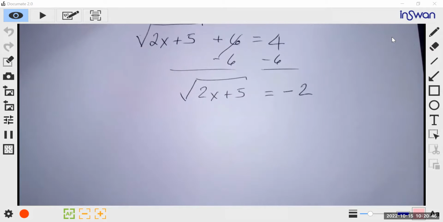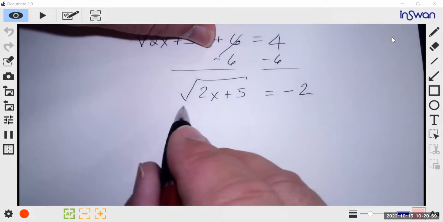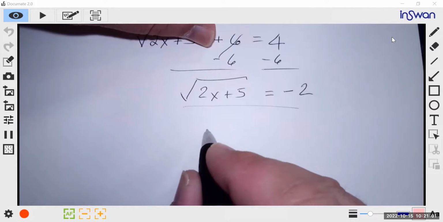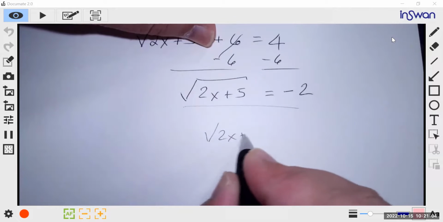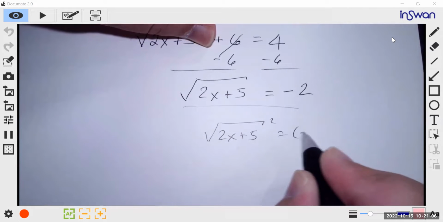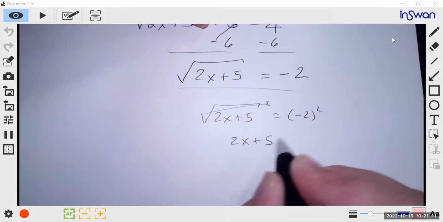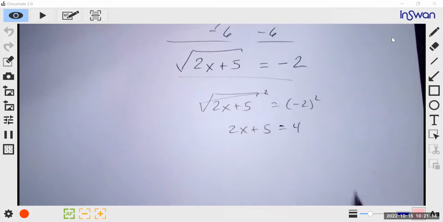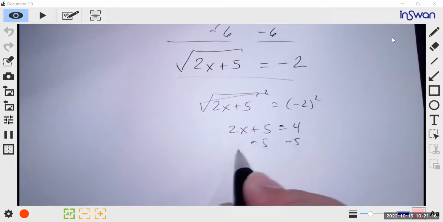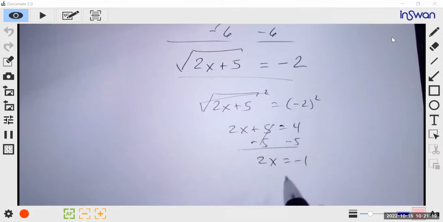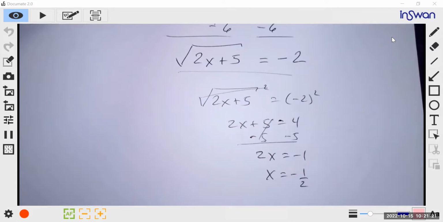Okay, if we square both sides, we get 2x plus 5 equals negative 2 squared. So those cancel. 2x plus 5 equals 4. Subtract 5, so 2x equals negative 1. X equals negative 1/2.